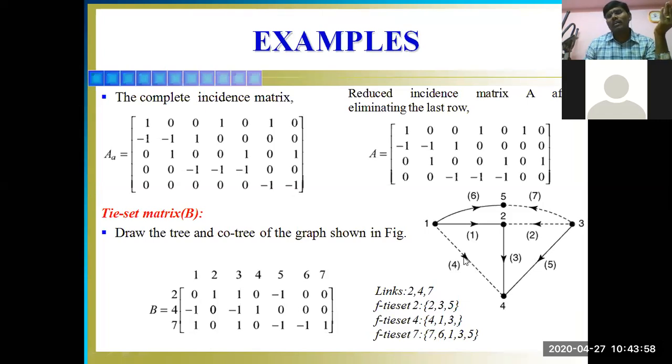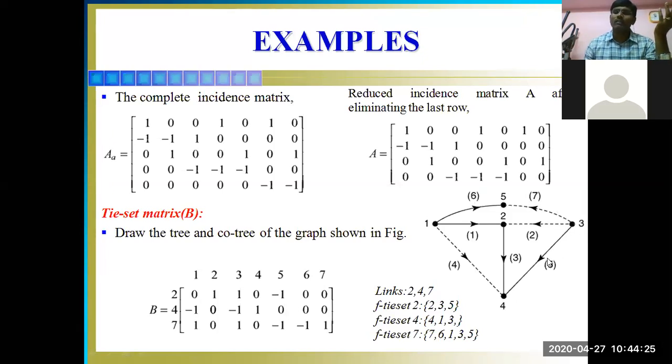You can take 4, 3, 2, 7, or 7, 2, 3, 4 is again another combination. All outer branches may not be possible: if you take all outer 1, 2, 3, 4, it is forming a closed path, so you should not take that. You can take 6, 7, 5, 3, that's also possible.